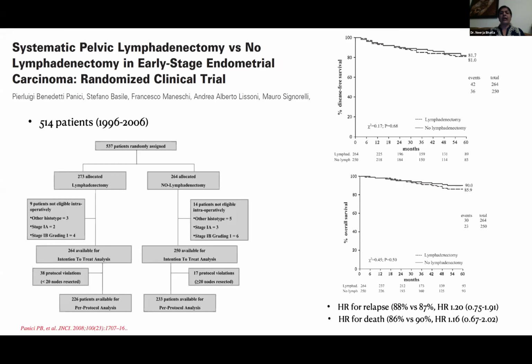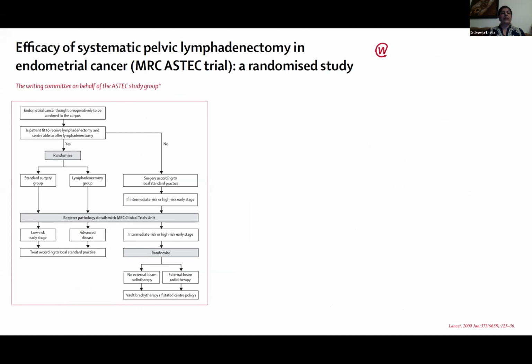And this is really our bottom line in oncology. There are only two things we worry about: the survival and the quality of life. And if the survival is fine, it is fine. And this is what we see in the ASTEC trial also, which has been spoken about. And the randomization to the standard surgery versus the lymphadenectomy group.